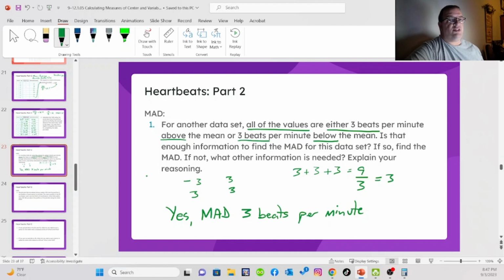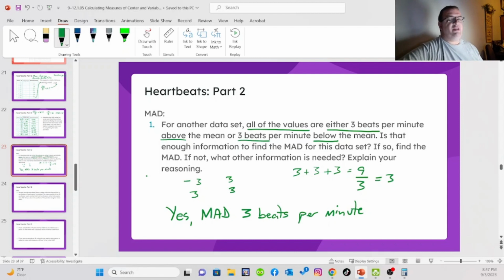So they didn't actually have to tell me what the mean was. They didn't actually have to tell me all the points in the data set, simply by understanding that all of them are either 3 above or 3 below, and knowing that no matter whether they're 3 above or 3 below, as soon as I take the absolute value, then I'm saying they're all 3 away from the mean.